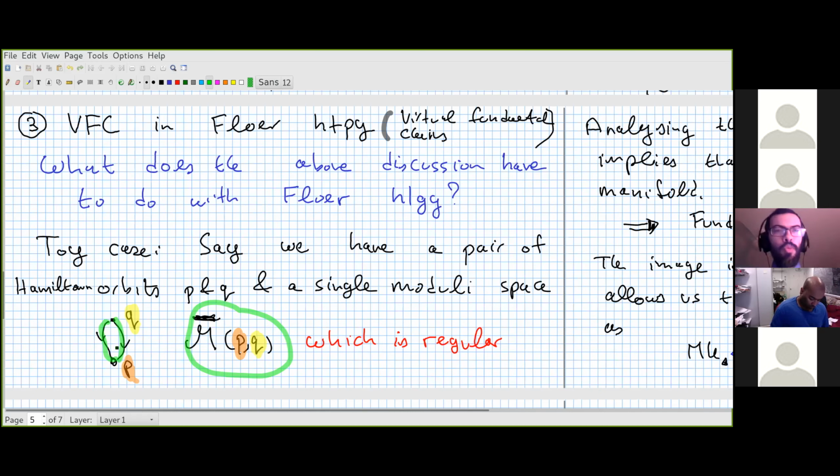So this M bar is 2 points. But in general, it could be a much more complicated manifold or space. But let's assume that it's regular. For it to be regular basically means it is a manifold, and it's transversely cut out. If you were to perturb it, it would only change by cobordism. That's basically what it means.